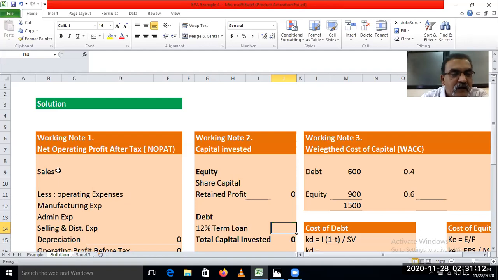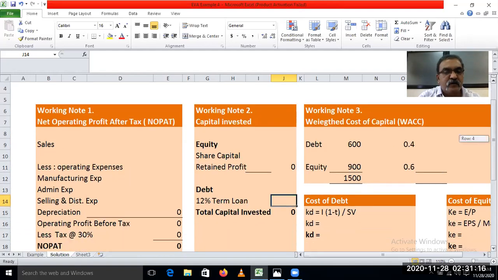So sales minus operating expenses is equal to operating profit before tax, less tax is equal to net operating profit after tax. So out of our income statement given in the example, we have to identify and find out this relevant information.